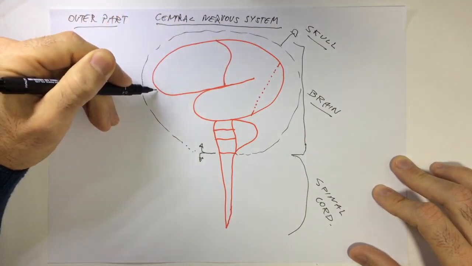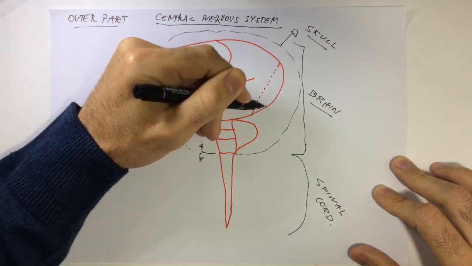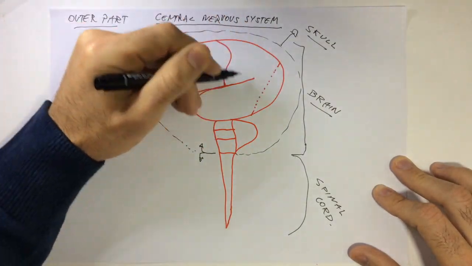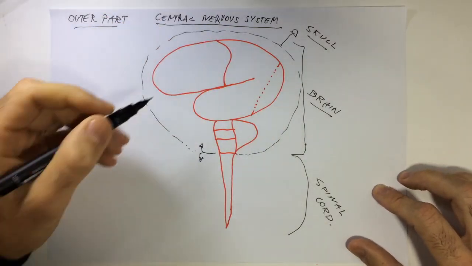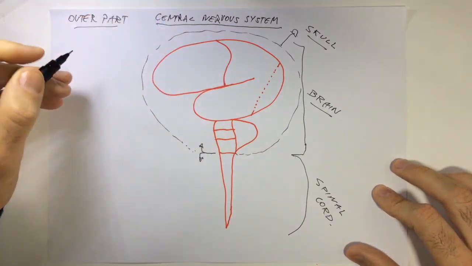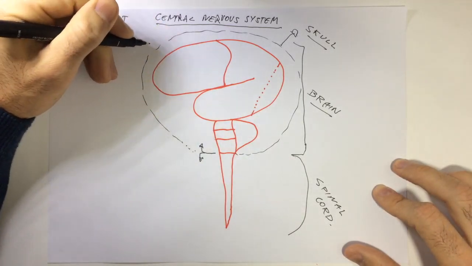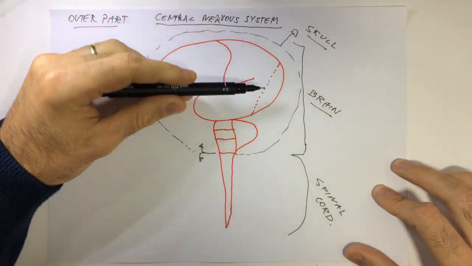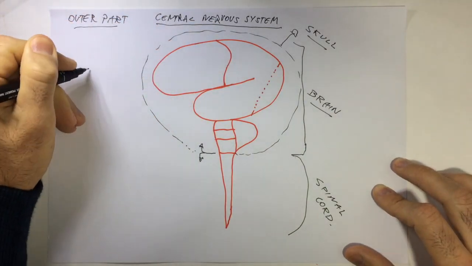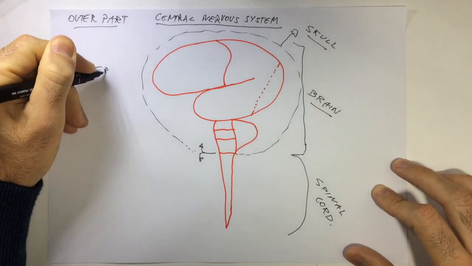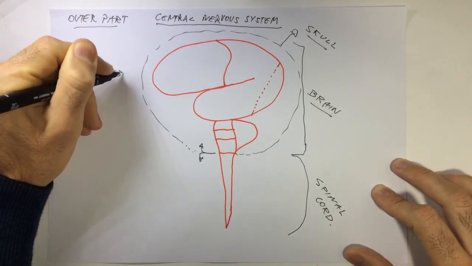We have this part here, that is obviously the most important part for those interested in neuropsychology, called the cerebrum. So this whole structure here would be the cerebrum.